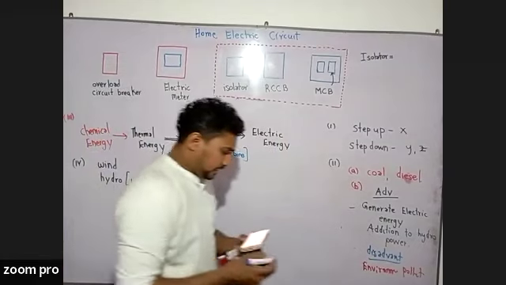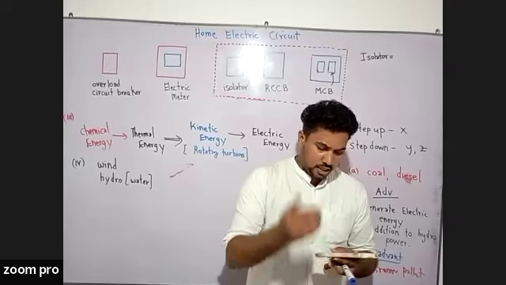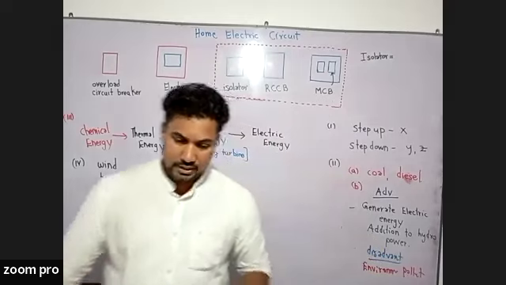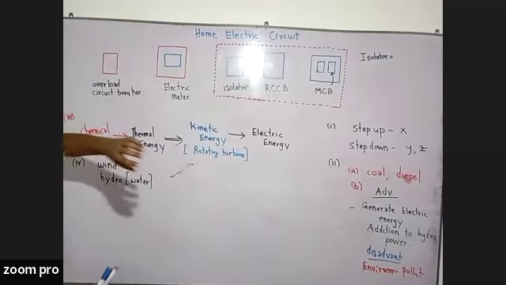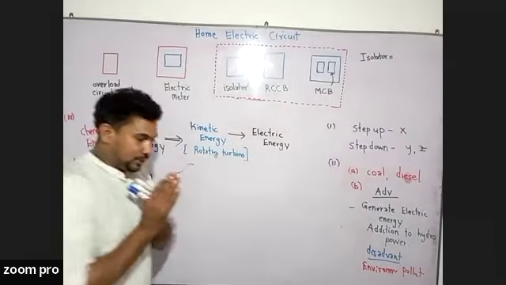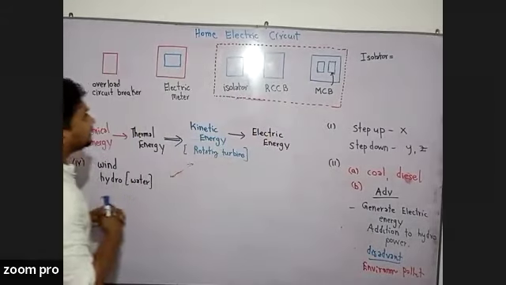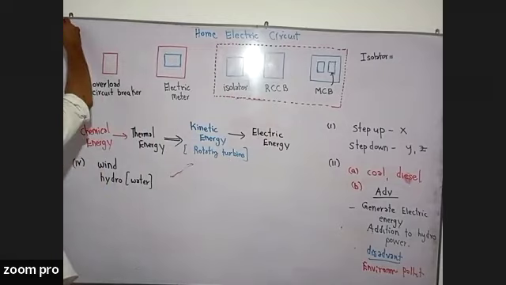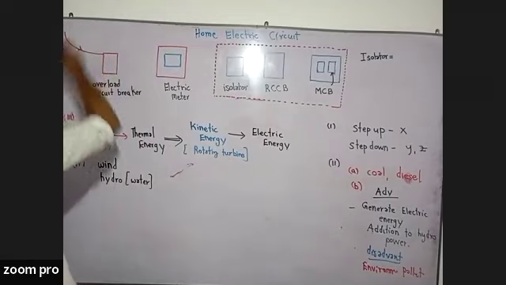In the fifth one, name the component which is connected first to the household circuit and belongs to the service provider. So I have drawn a simple diagram. This is the home electric circuit, and these are the devices included in a home. Initially, this is the power supply.